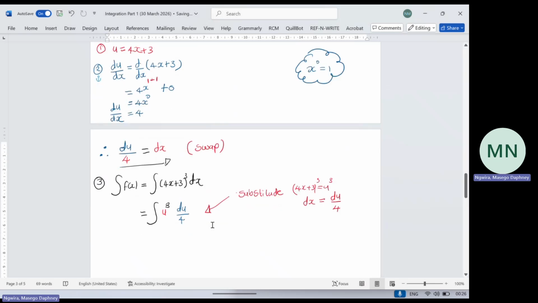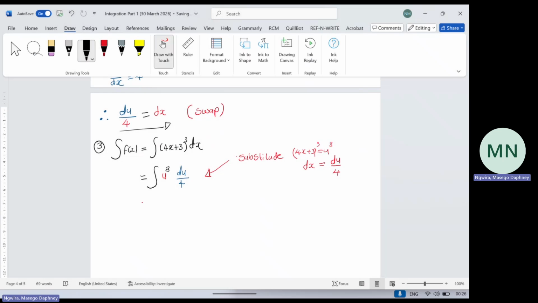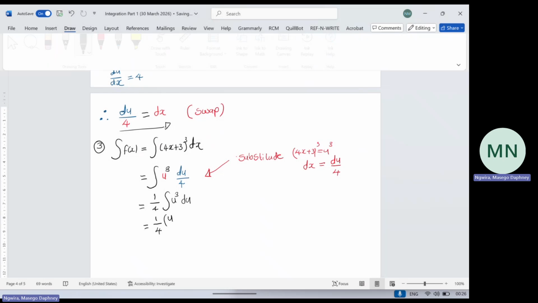From here, now you're allowed to do this. Every time, you take this 4, this side is going to be 1 over 4. It's not jumping over the equal sign. So you're going to have 1 over 4, then the integral. What's left is u to the power of 3, and also du. Now we integrate. When you integrate this, remember it's going to be u to the power of 3 plus 1 over 3 plus 1.